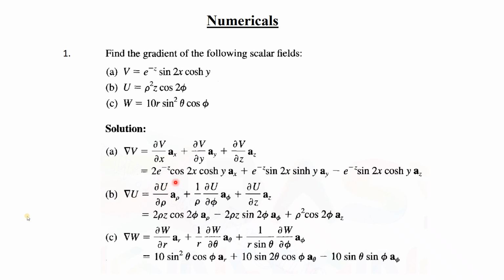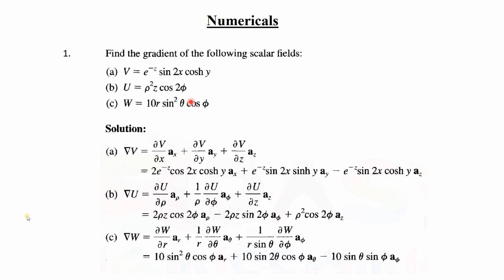So you write the del operator of the cylindrical coordinate system and put u after the partial derivative symbol. Now you do the partial derivative with respect to rho. It will become 2 rho z cos 2 phi, unit vector rho.